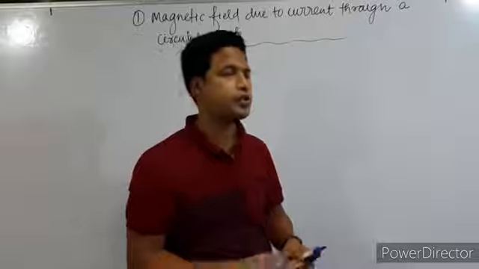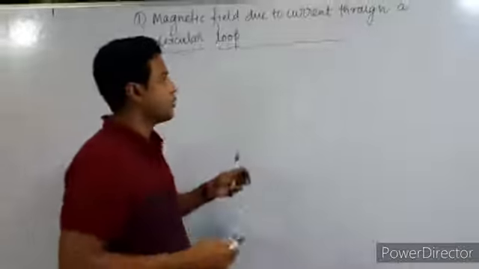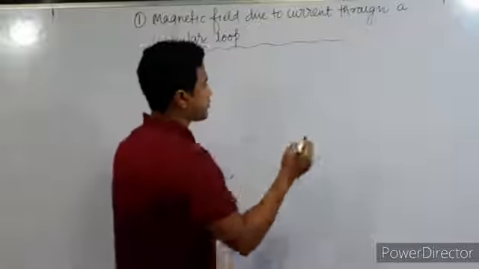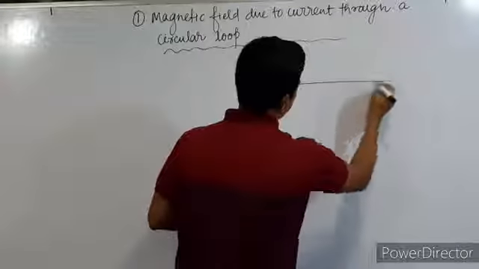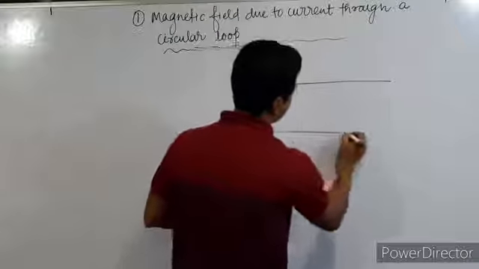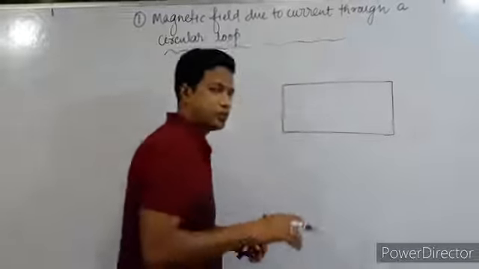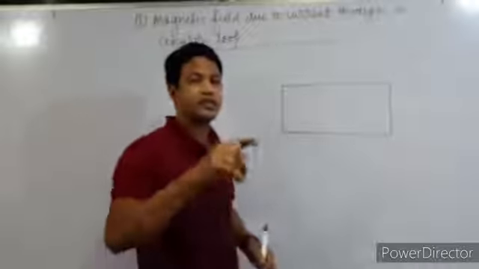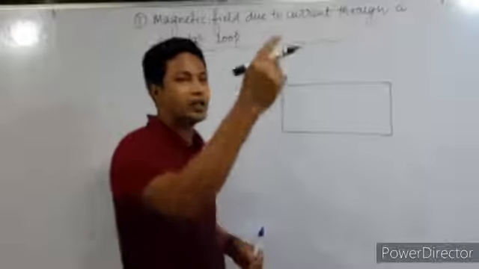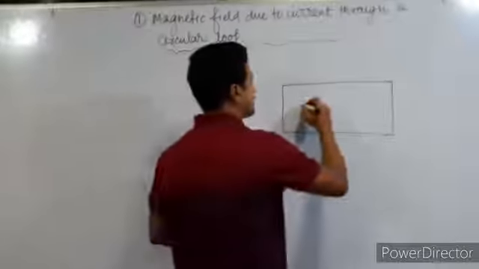So let's find this out with the topic. I will take a board. On that board, I will make the straight conductor in the form of a circular loop, means I will create it like this.